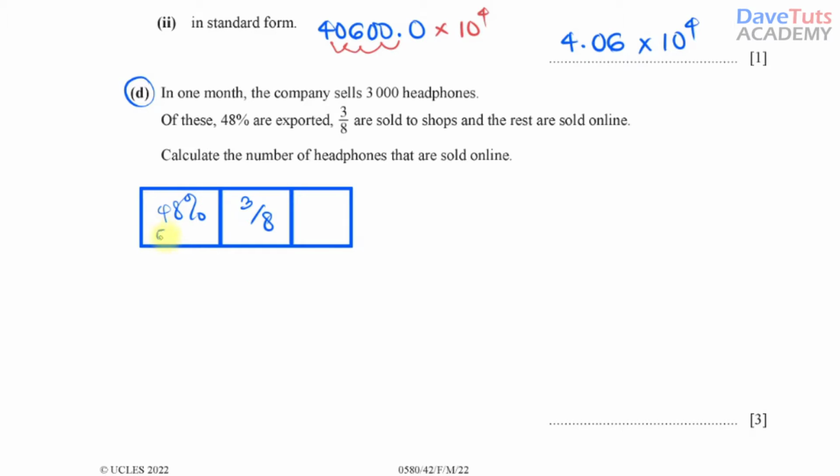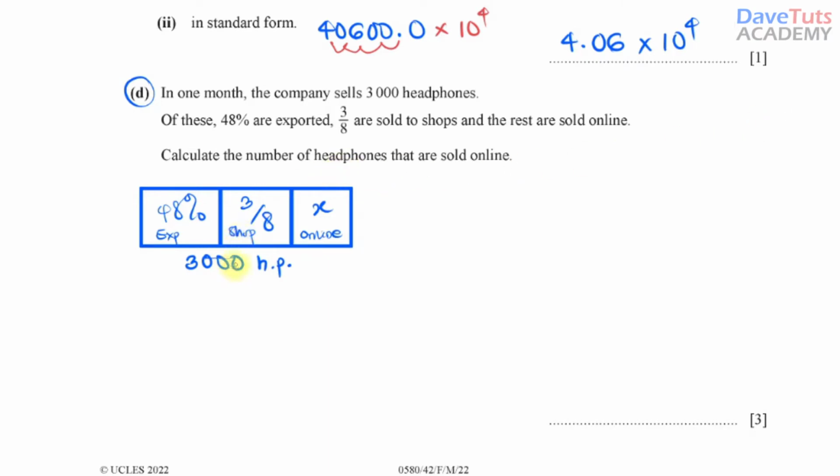So this is export, this is shops. Then the rest are sold online, so this is the online sales, which I can call X. We have to calculate the number of headphones sold online. So this whole is nothing but 3,000 headphones.